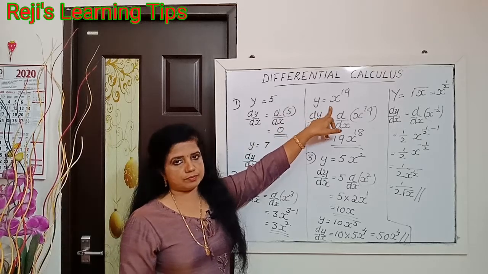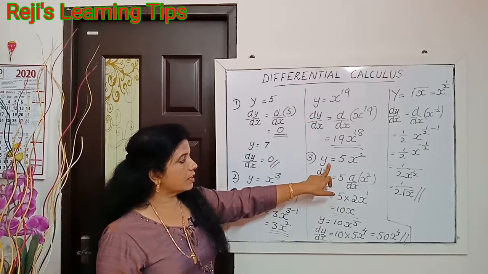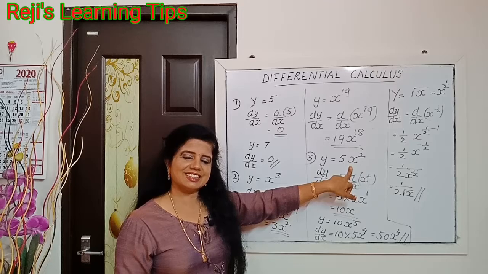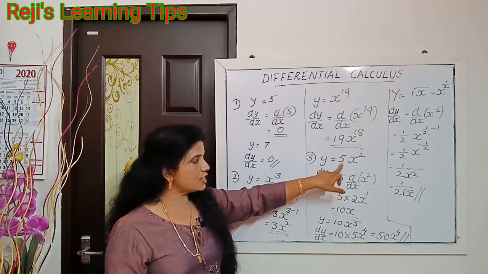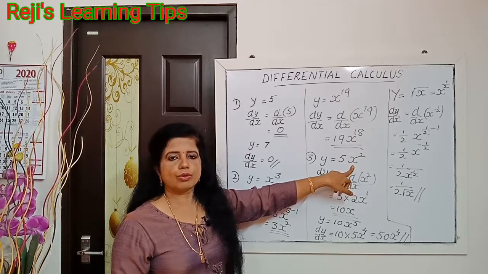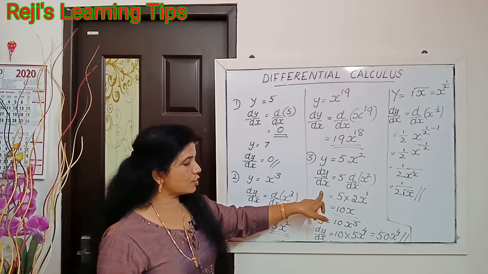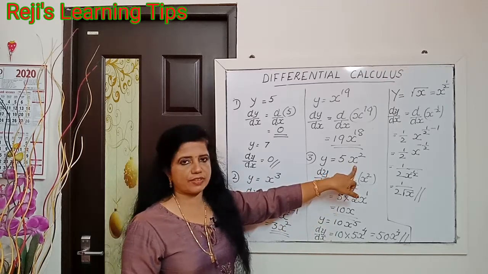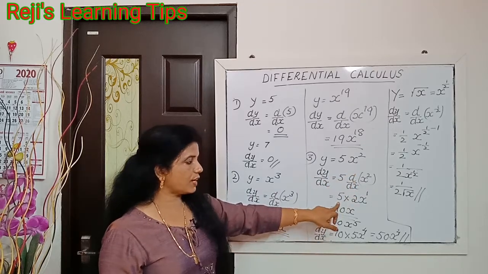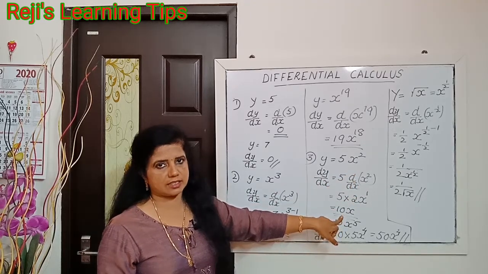This also is the same. Here y is equal to 5x square, a constant into a variable. So dy by dx is equal to 5 into the derivative of x square, that is equal to 5 into 2x, that is equal to 10x.